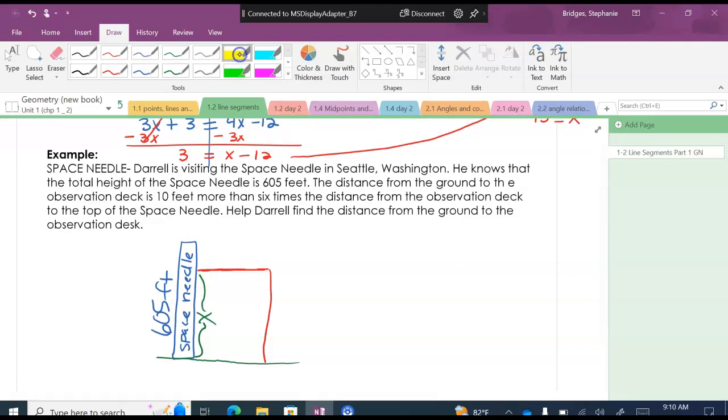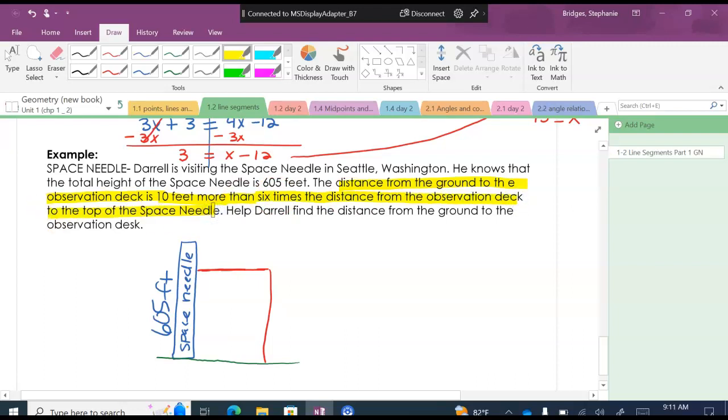Now, this is what we need to focus on. The distance, I didn't finish reading my question. We're going to erase that X. My bad. I didn't read the question. So what it says is the distance from the ground to the observation deck is 10 feet more than 6 times the distance from the observation deck to the top of the Space Needle.